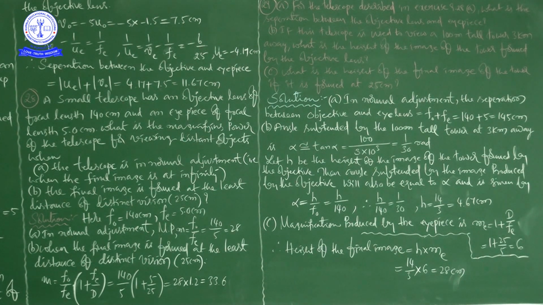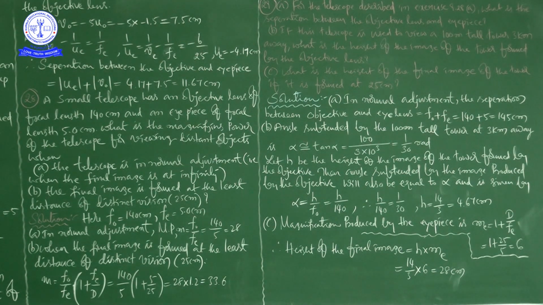Then we also found the magnifying power when the final image is formed at the least distance of distinct vision, with the formula m equal to f_0 by f_e into 1 plus f_e by D. We got 33.6. Magnification has no unit, because with the same quantity in numerator and denominator, we get the quantity without any unit.